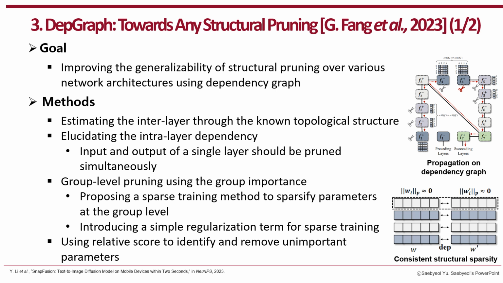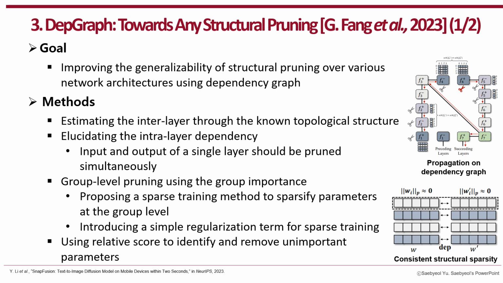Based on this dependency, they grouped the associated layers into a group and prune this group as a unit. Here, rather than evaluating the importance of parameters within a group individually, they proceed through the sparse training method, which introduces a regularization term to calculate the importance score of the group as a whole.